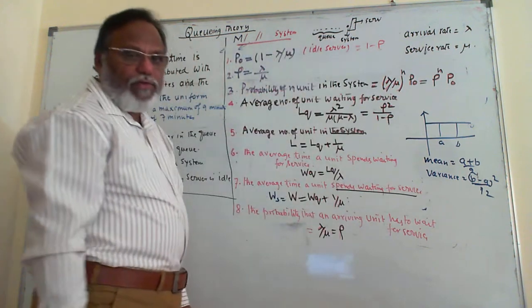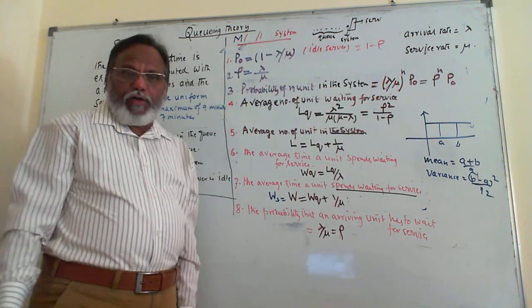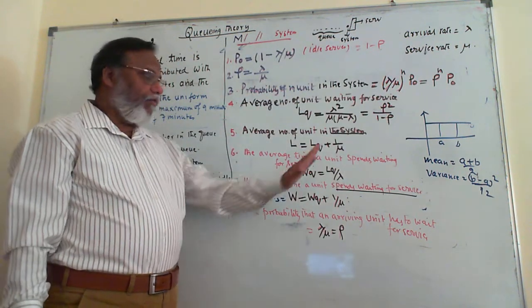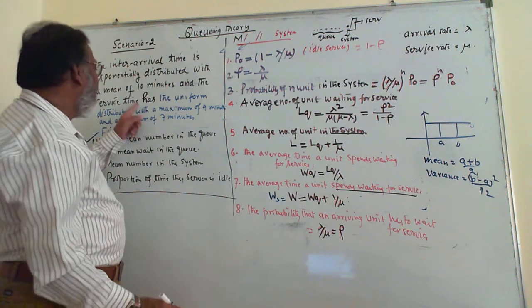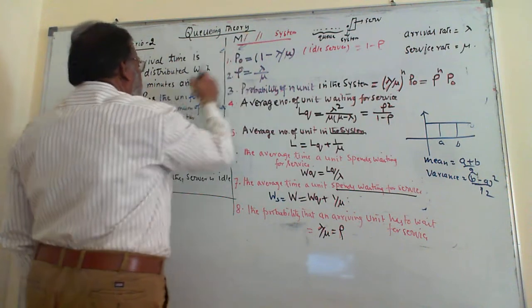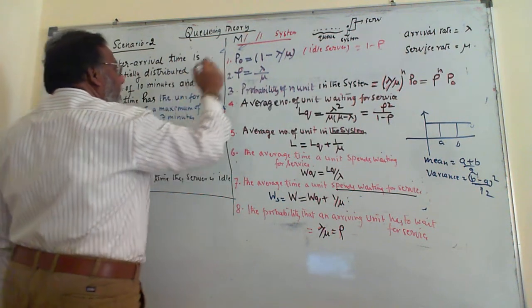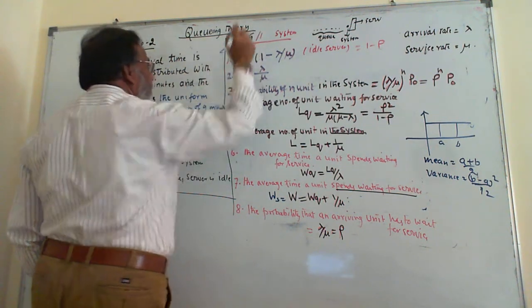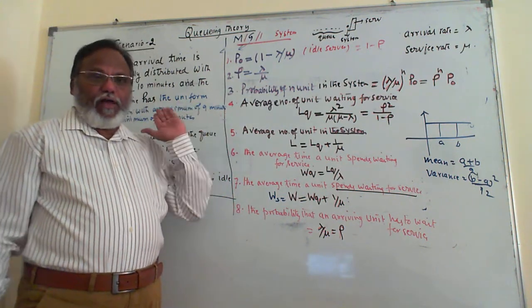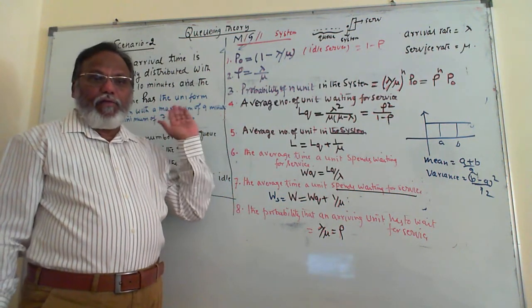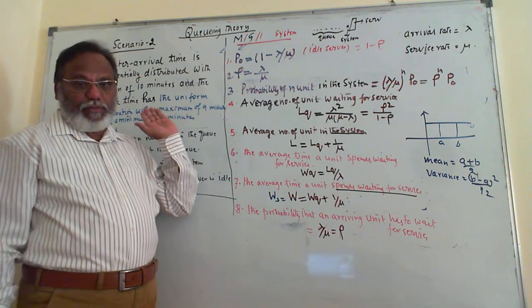This is the formula for the variance. Naturally the service system is not M. I will name this G, for a system which is other than exponential or Poisson distributions.